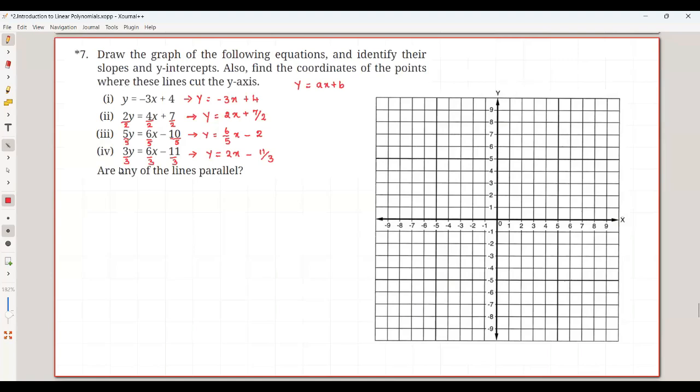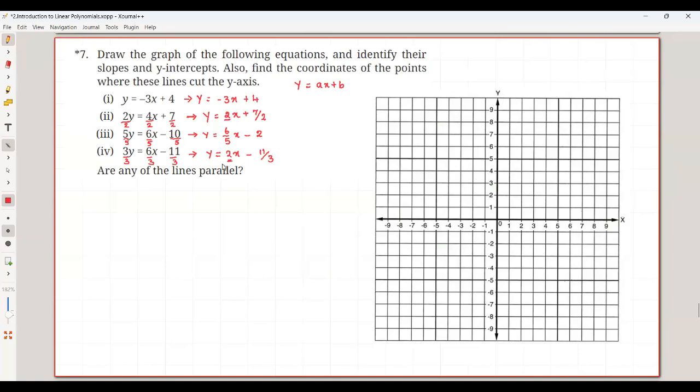Okay, all the 4 equations are changed into the standard form y is equal to ax plus b. Now we have to draw the graph for all the 4 equations, right? And they are asking whether any lines are parallel. If the lines are parallel, the a value is equal. Just see, out of these 4 equations, the a values are equal for the second and fourth: here 2, here 2.